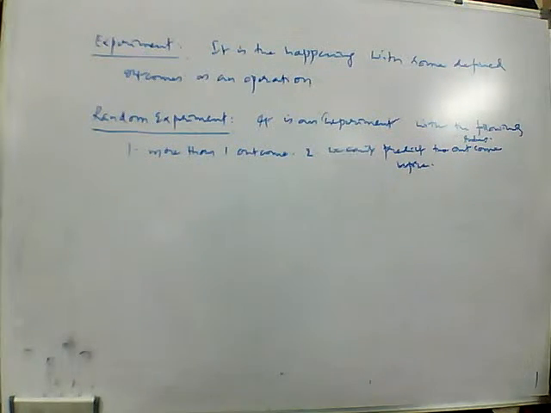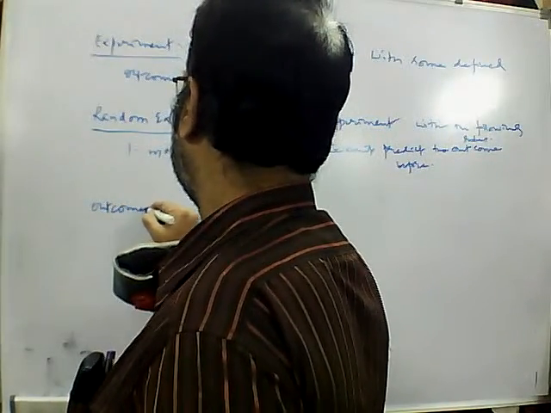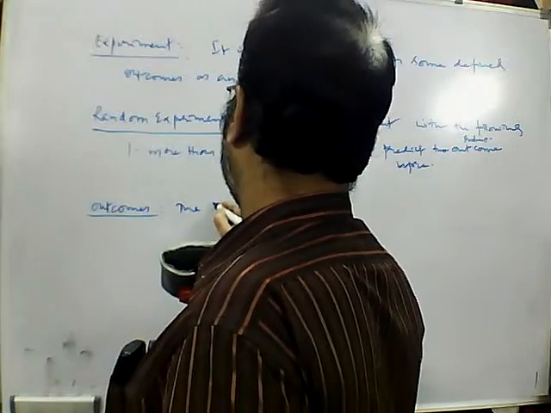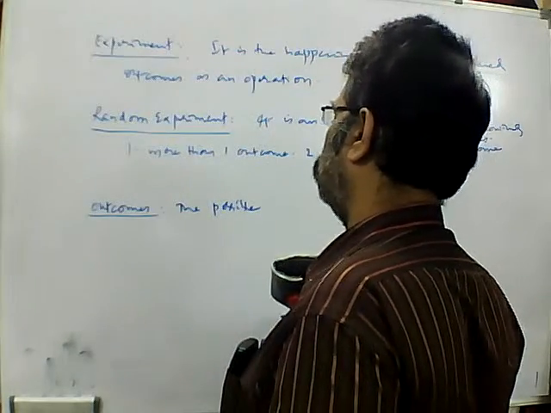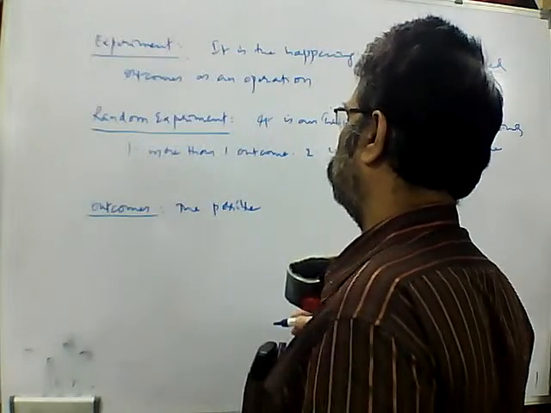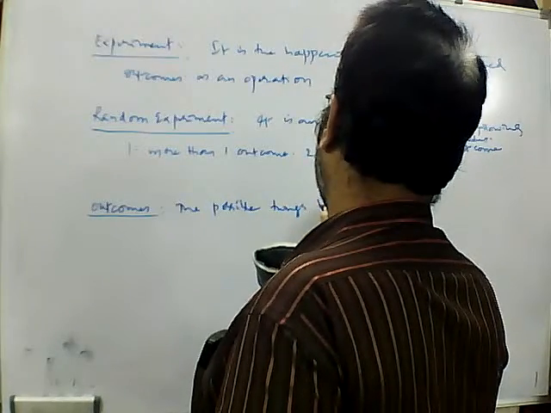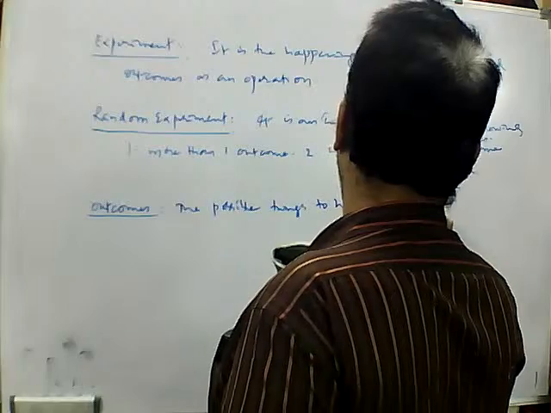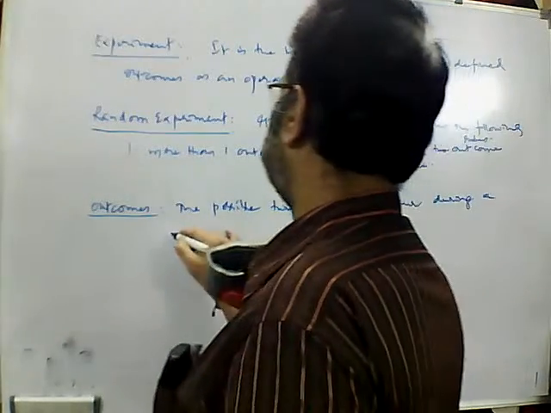Next, outcomes and sample space. Outcomes are the possible things to happen or occur during a random experiment.